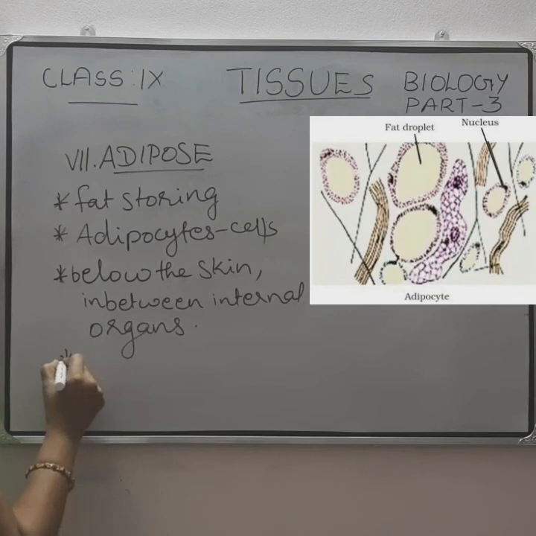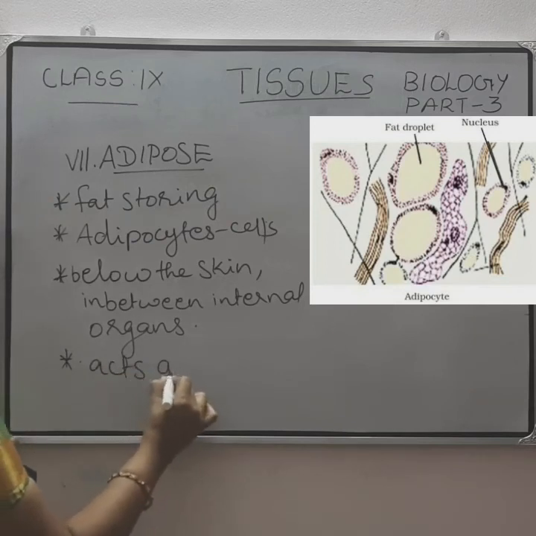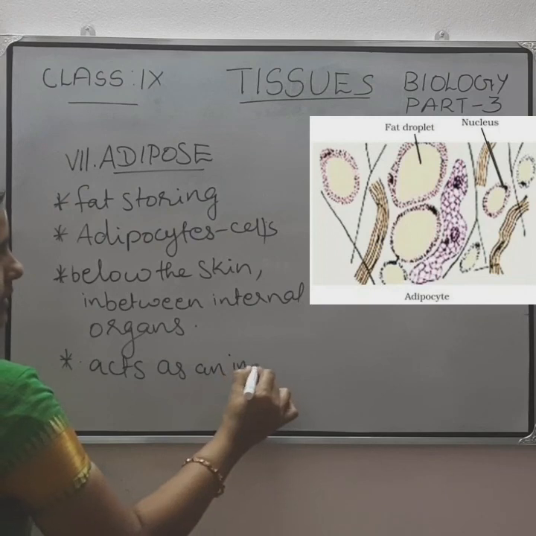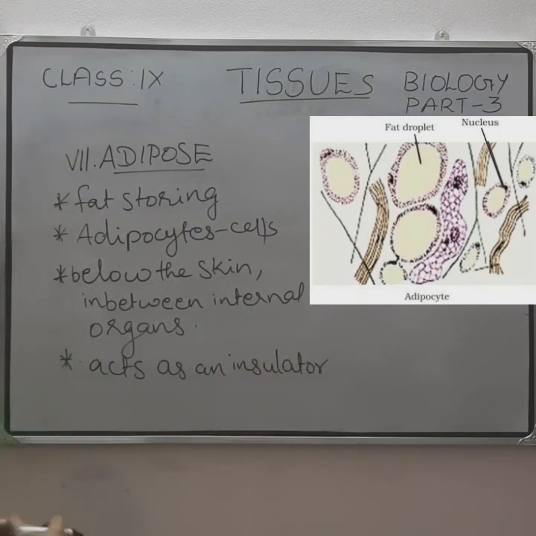And I already told you what these are storing. Fat. So it acts as an insulator. You know what the role of an insulator is? It does not allow heat to transfer from the material. You studied about insulators, isn't it? Like that, it acts as an insulator in our body.